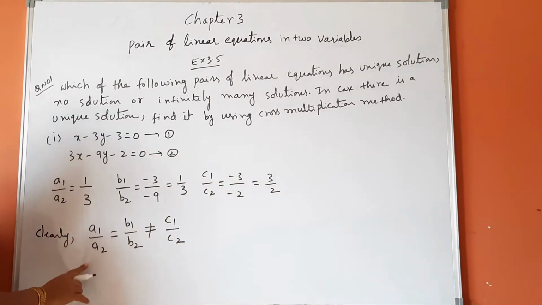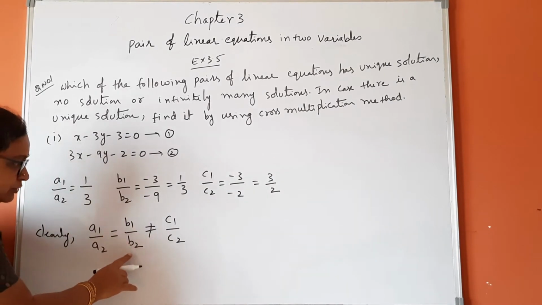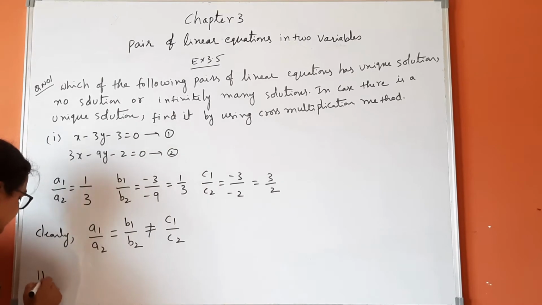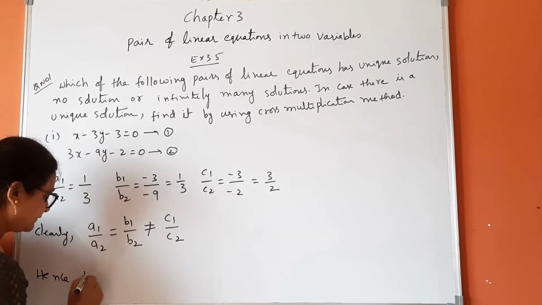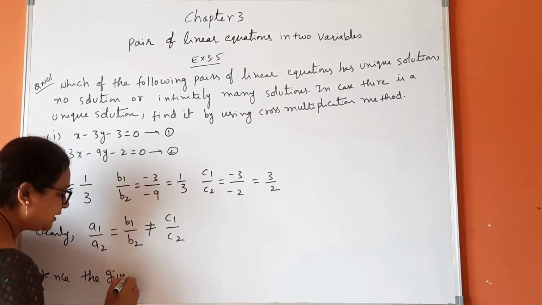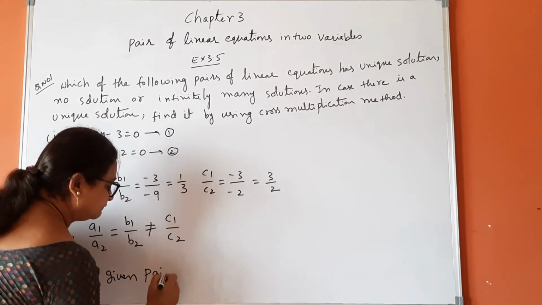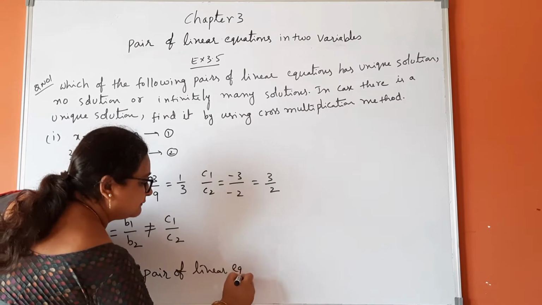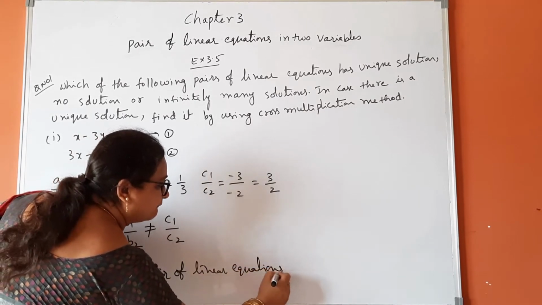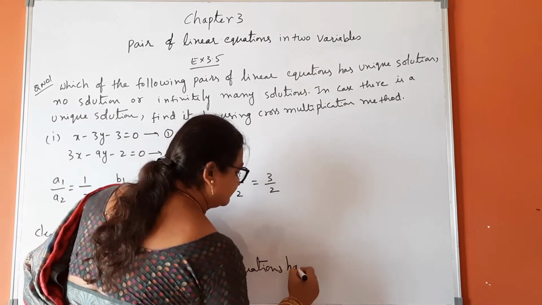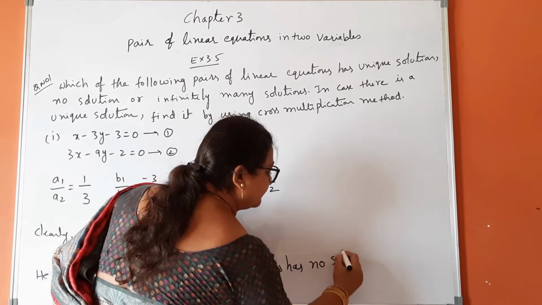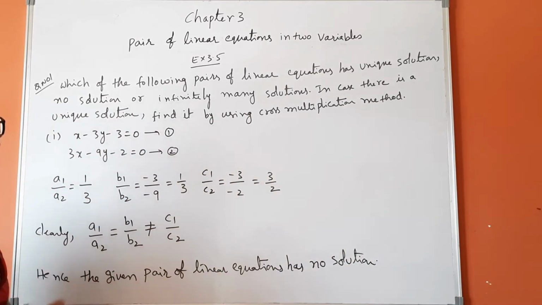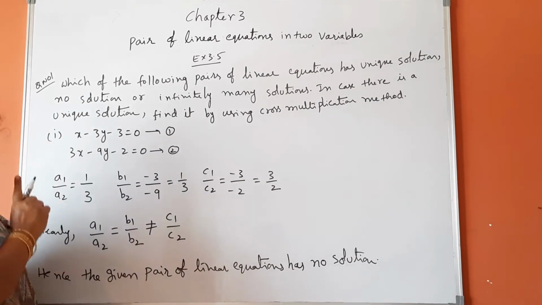Hence, the given pair of linear equations has no solution, that means they are parallel lines.